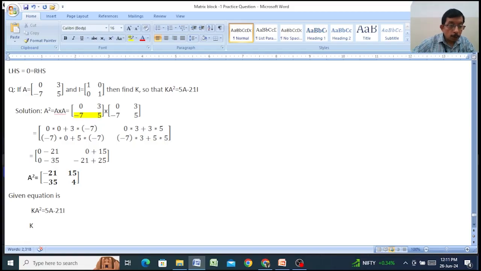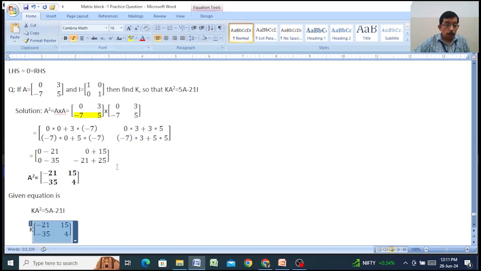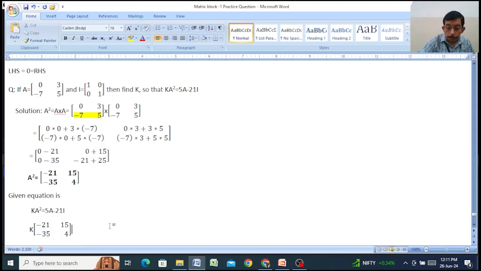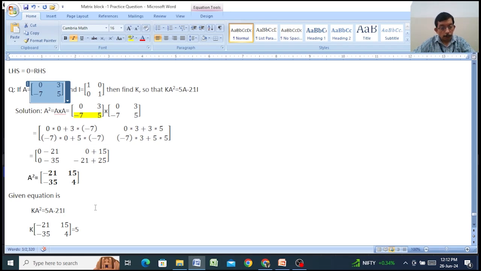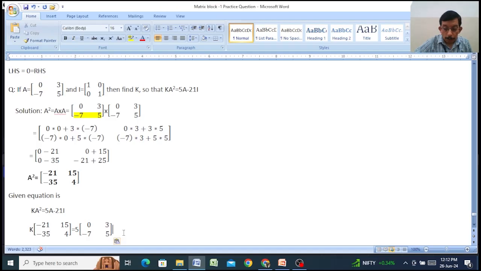K, note down the A square value here, is equal to 5, note down the value of A here, minus 21, note down the value of I here.